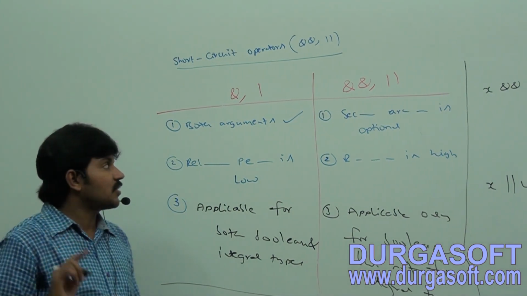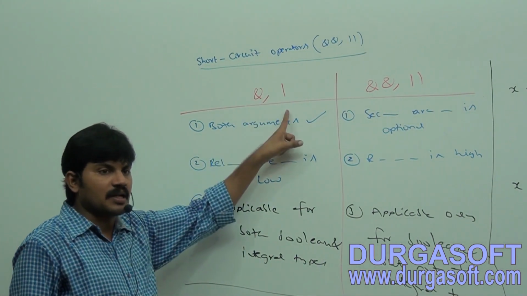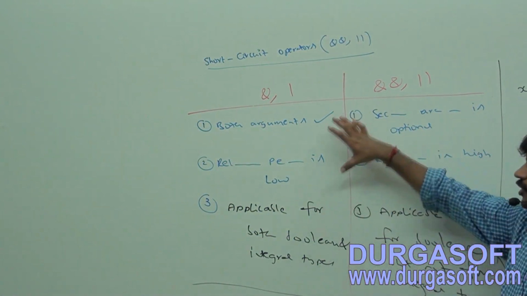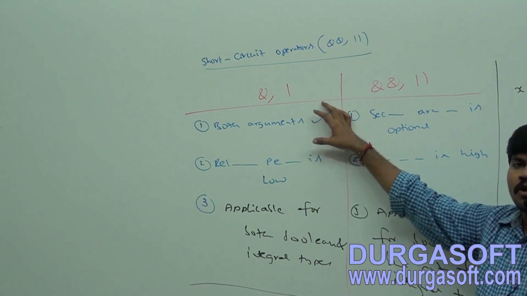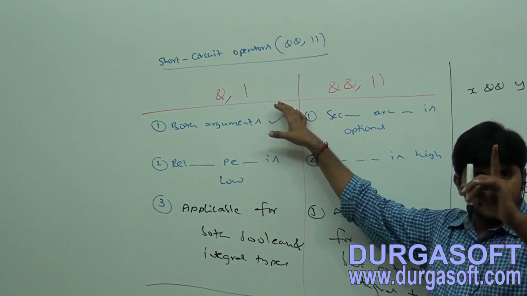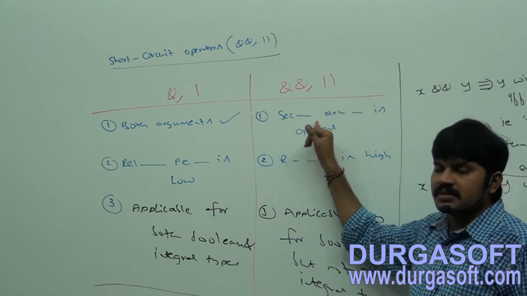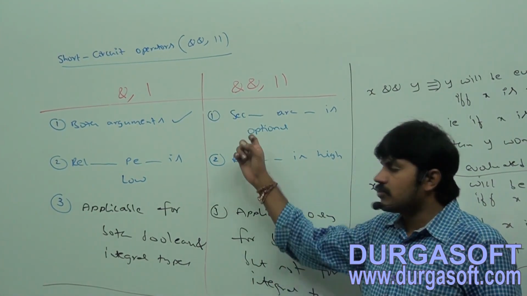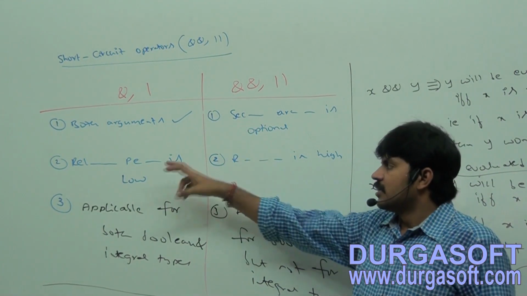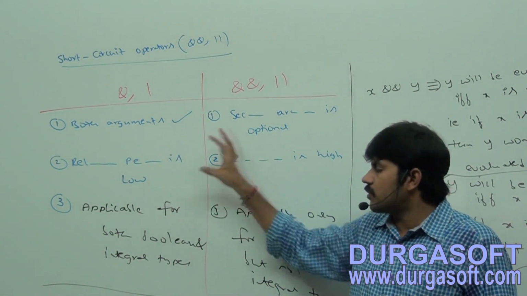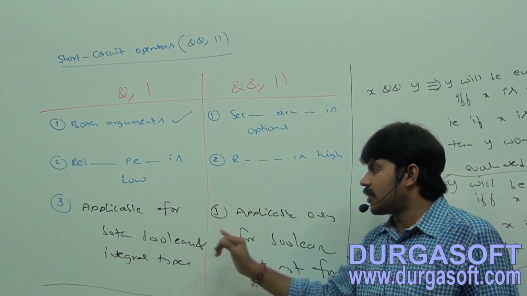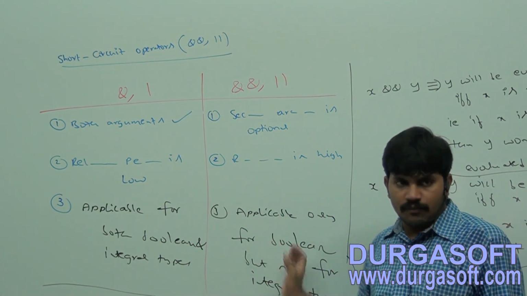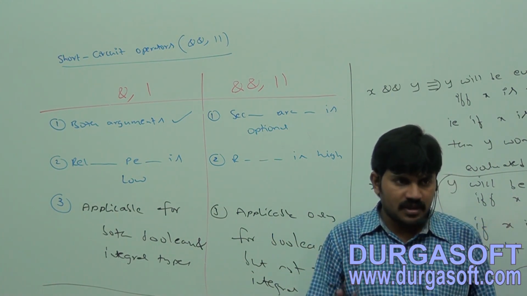If anyone asks the question, what is the difference between normal AND, normal OR, and double AND, double OR, bitwise operator and short circuit operator, you should be clear. In this case, both arguments should be evaluated always. In this case, second argument evaluation is optional. If it is required, then only the second argument will be evaluated. Next, relatively performance is low in one and high in the other. Clear for all of you?